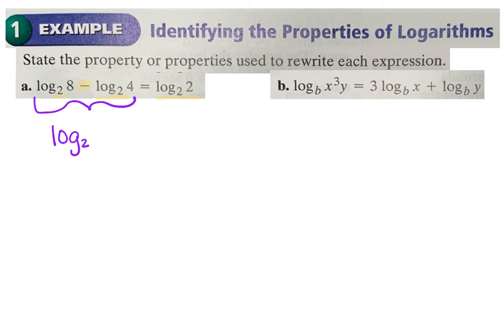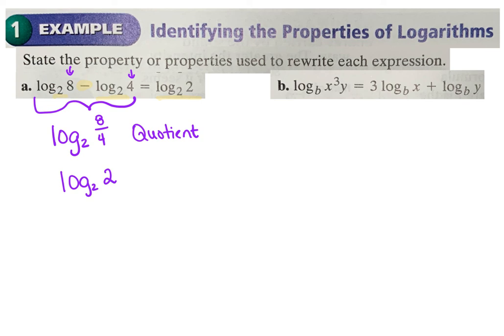It works both ways. This is my numerator. The one behind the subtraction is my denominator. So they use the quotient property here. Because they're telling me that that equals this, which is true. They're using the quotient property.